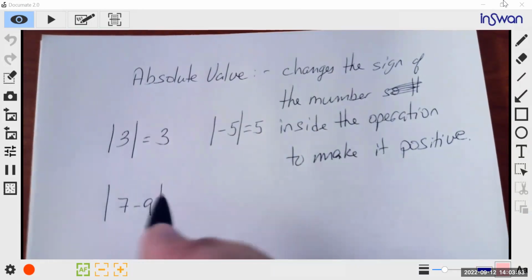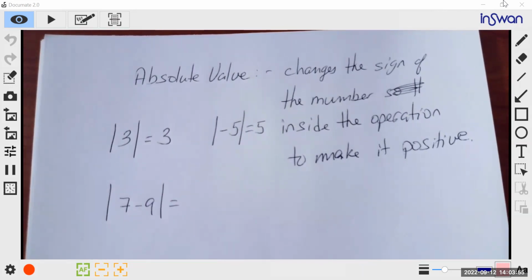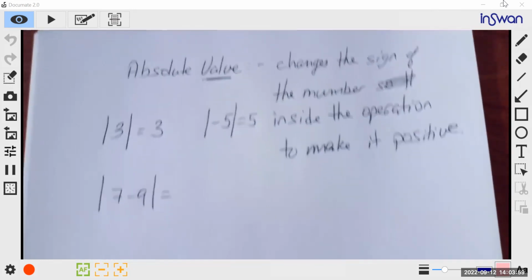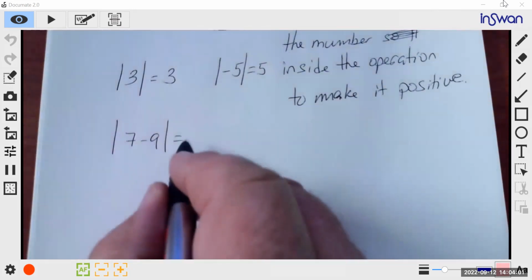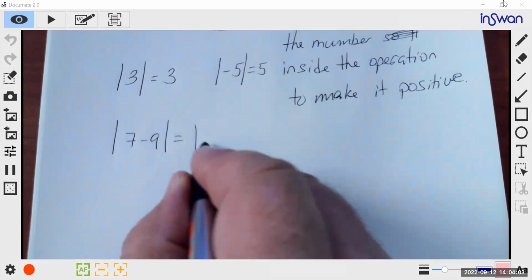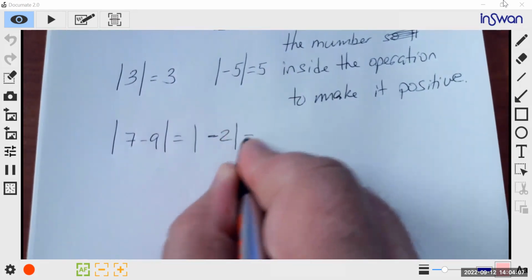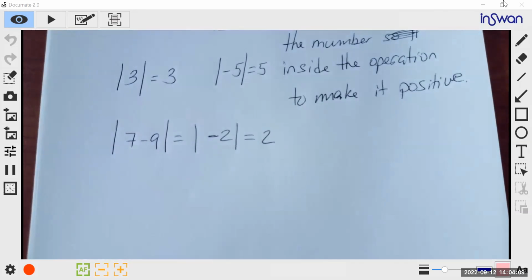If you have an equation, order of operations, you have to work that out first, because this is an absolute value, a number. So 7 minus 9, 9 is bigger, so it's negative. 9 minus 7 is 2. Absolute value of negative 2 is 2. You can only apply it to a single number. Right?